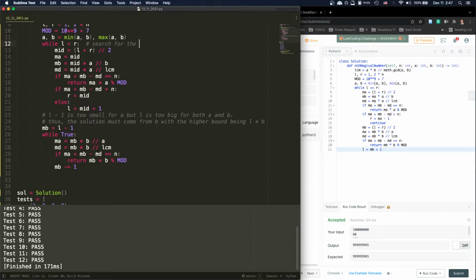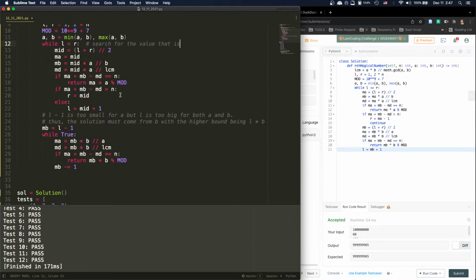Hold on. Is this gonna work? Yeah, it's gonna work too. But this can be search for the value that is smaller, because the last one is this is too small.